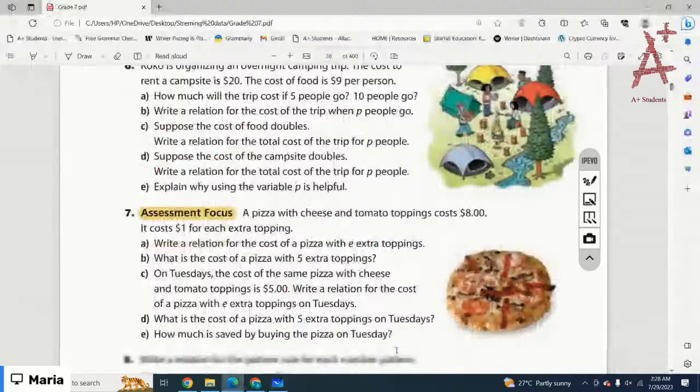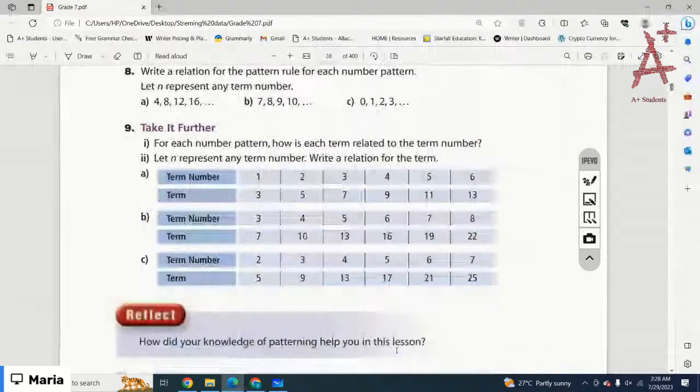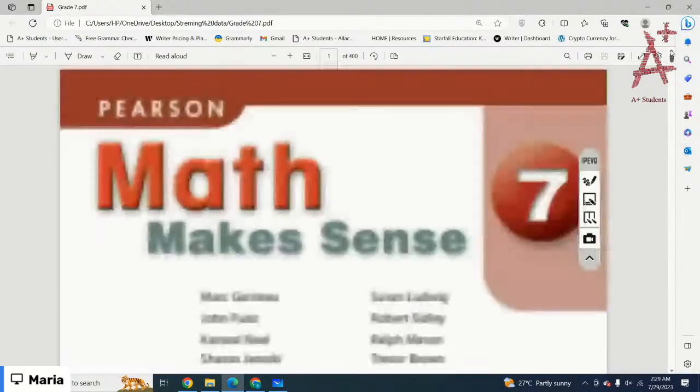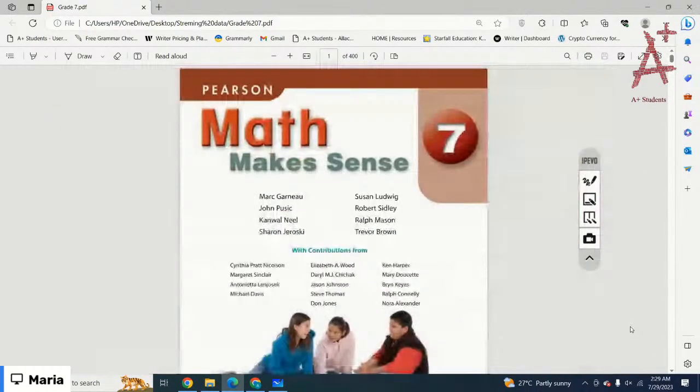I am on page 24. You can check the name of the book. It is Maths Makes Sense, grade 7. Is it the same book? You can see here. This is the book, title of the book. Can you see? Is it the same book you are looking for?